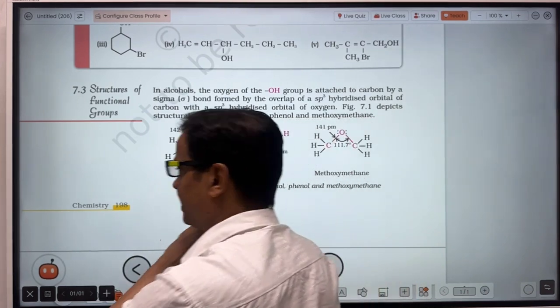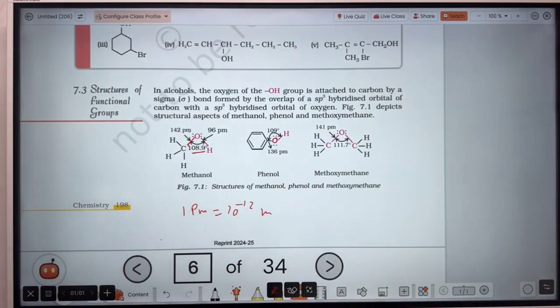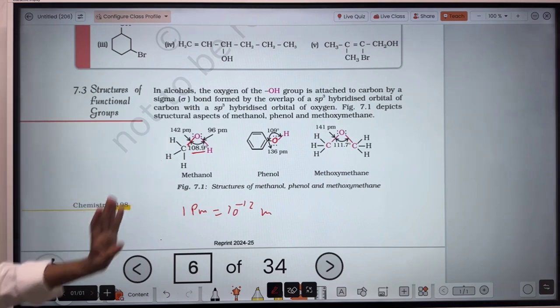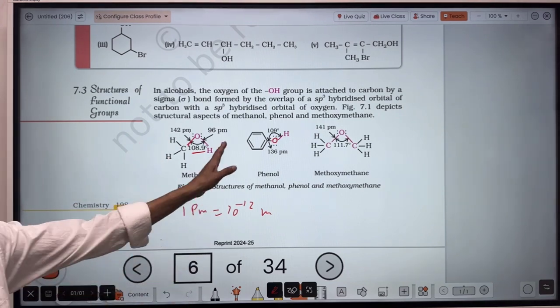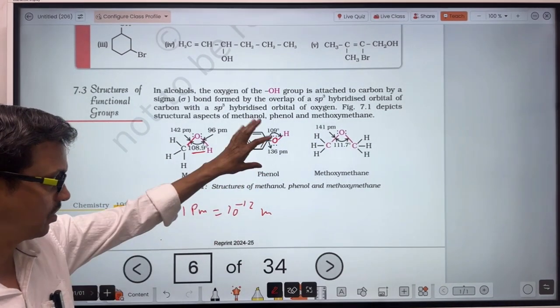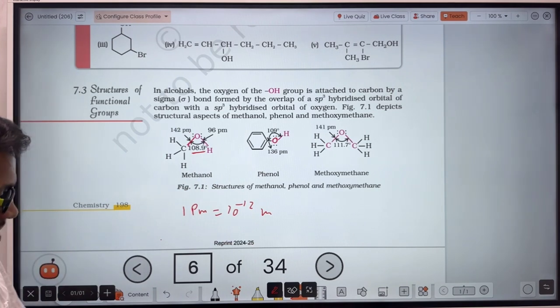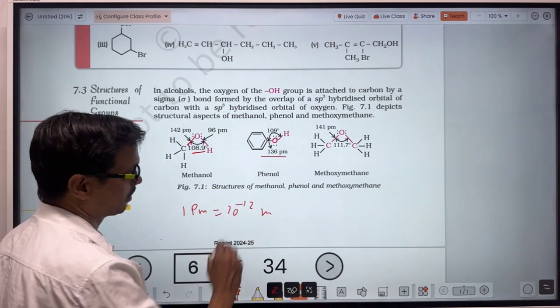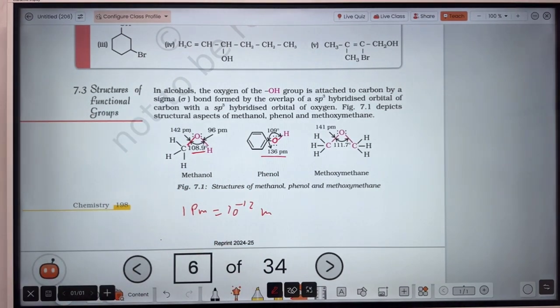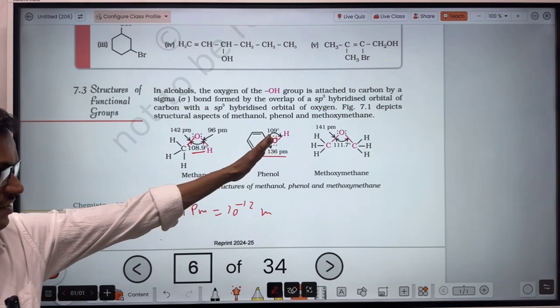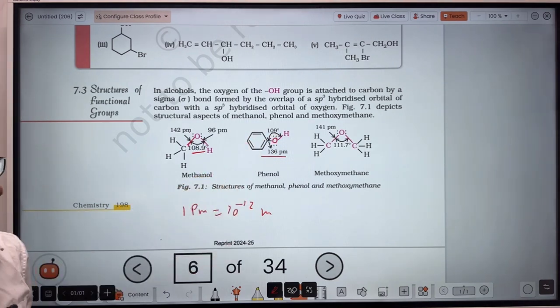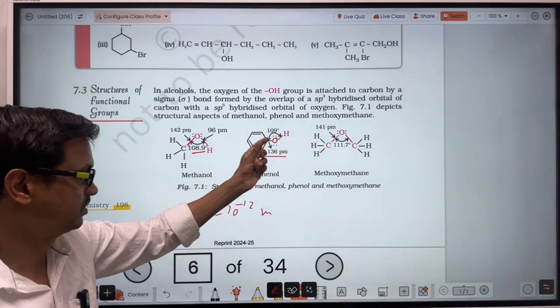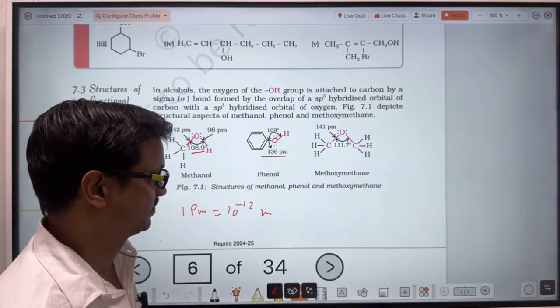The C-O bond length in alcohol is 142 picometer, so in phenol it decreases by 6 picometer and becomes 136 picometer. Due to the partial double bond character, the bond comes closer, so there is shortening of the bond between carbon and oxygen.